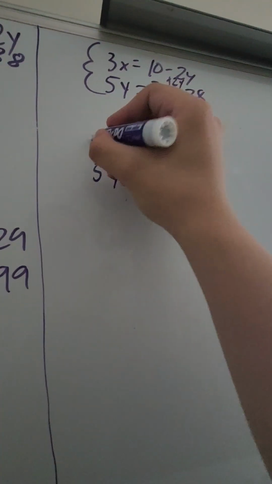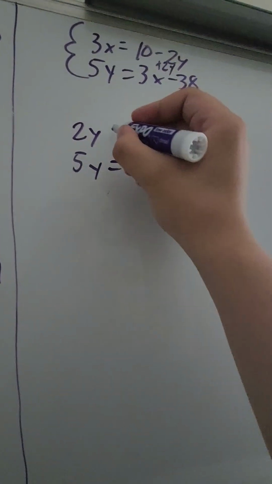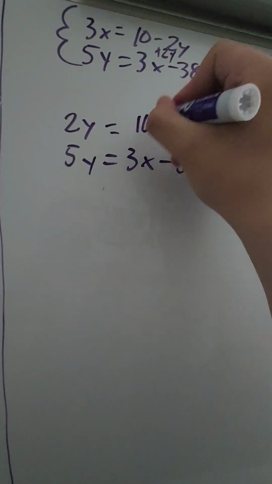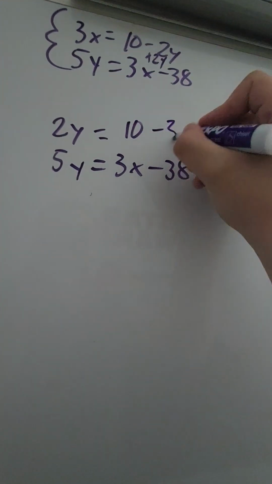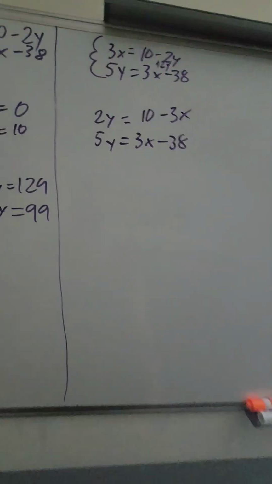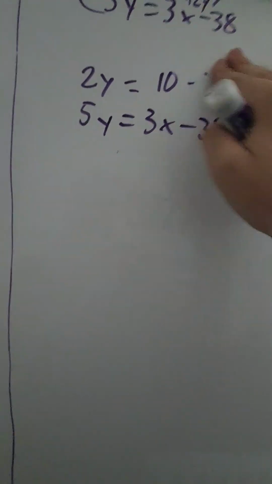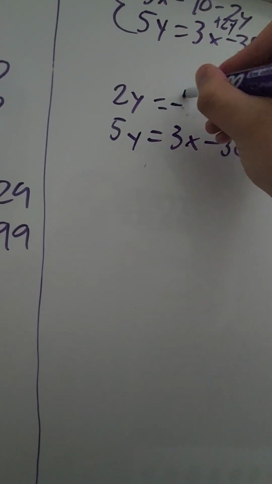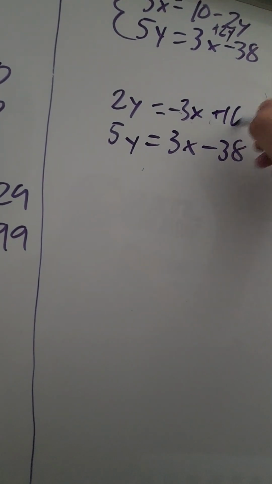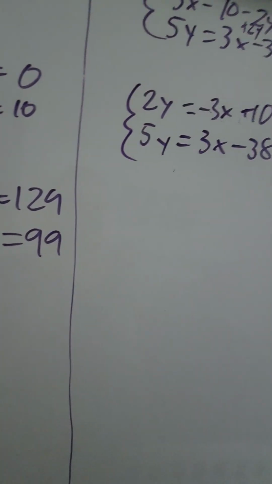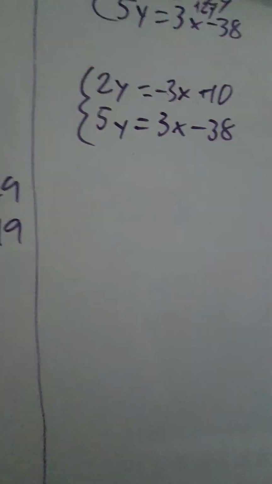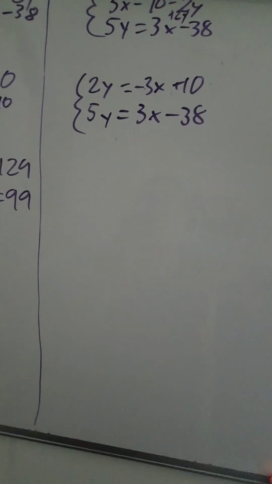So it'll be 2y equal to 10 minus 3x. Now I'm going to rearrange this more, putting the 3x first and the 10 after. So this will be equal to negative 3x plus 10.